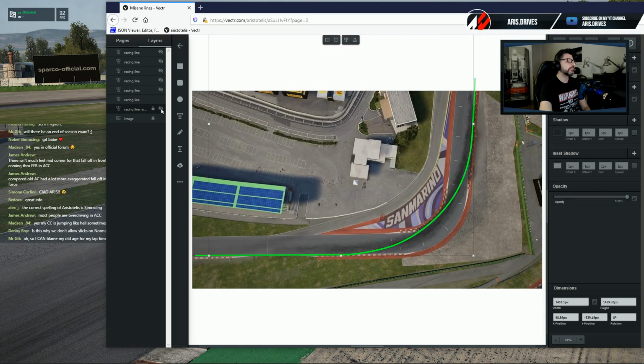So I've made the racing line here. Okay, this is the racing line, let's say. It's true that depending on the turn, sometimes you have to turn in a little bit earlier, sometimes turn out a little bit later. But let's say that it is completely geometric here. Let's not make things very difficult.